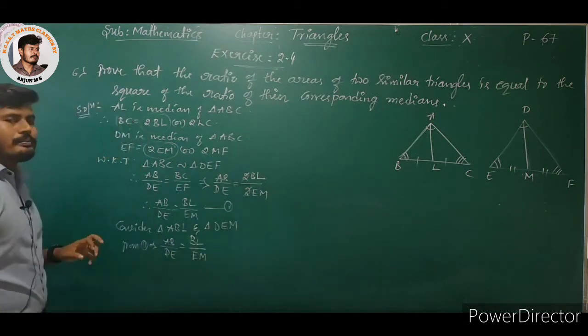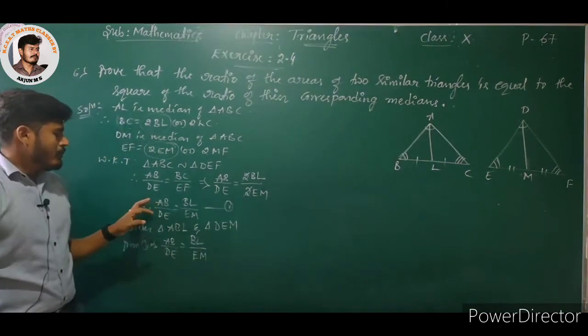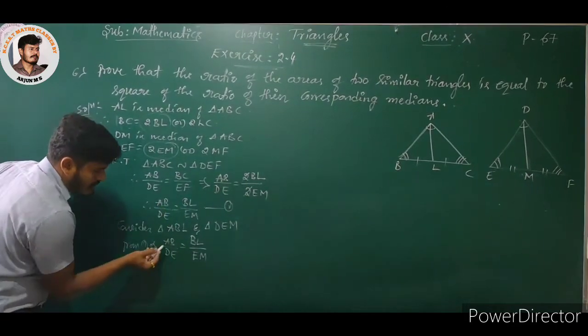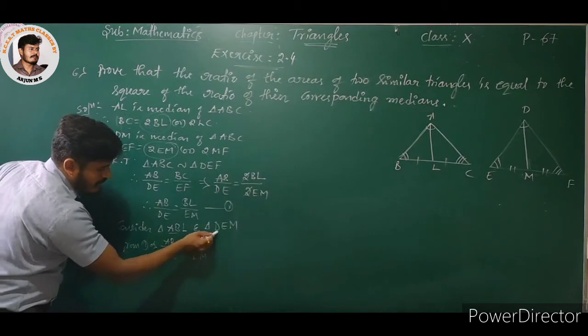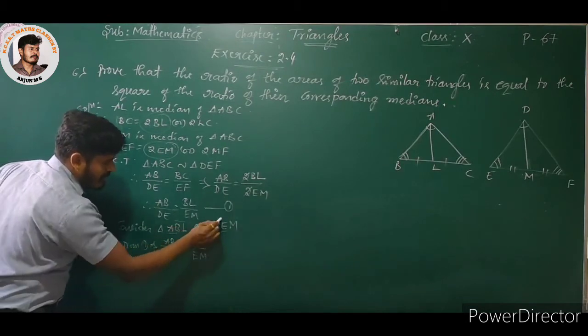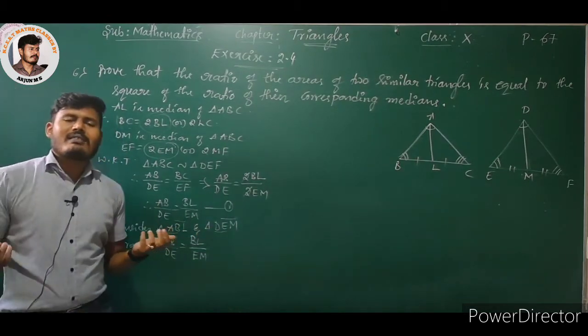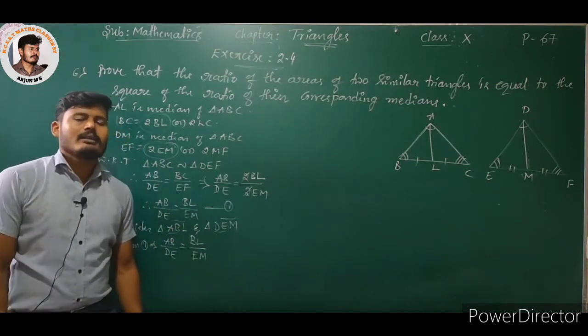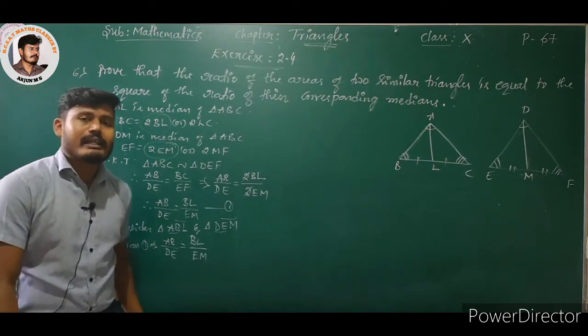We already proved one ratio, that is AB by DE is equal to BL by EM. So two pairs of corresponding sides are equal, then one angle is required for the SAS similarity criterion.